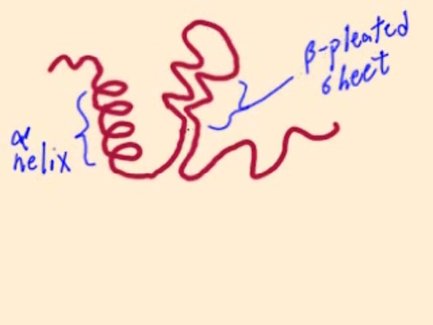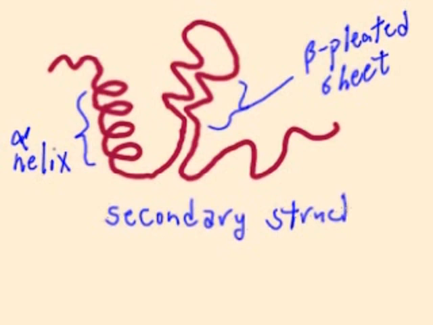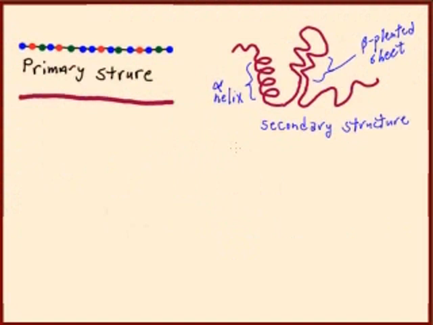And so these two structures are called secondary structures of the protein. So we have secondary structures when some of the protein is in alpha helix or beta pleated sheet, and the rest of it is not folded. So this is the second level of protein structure.